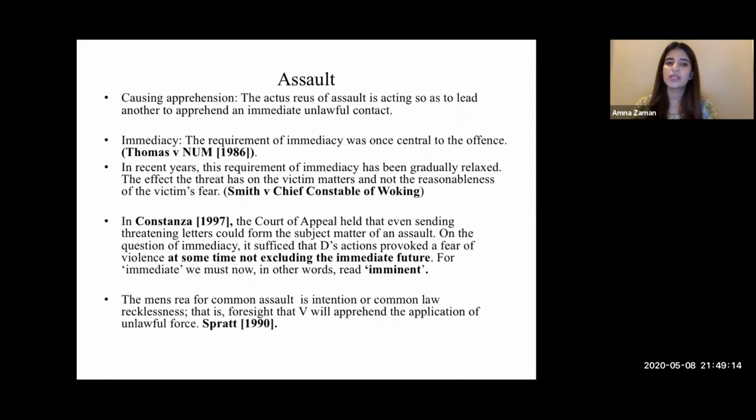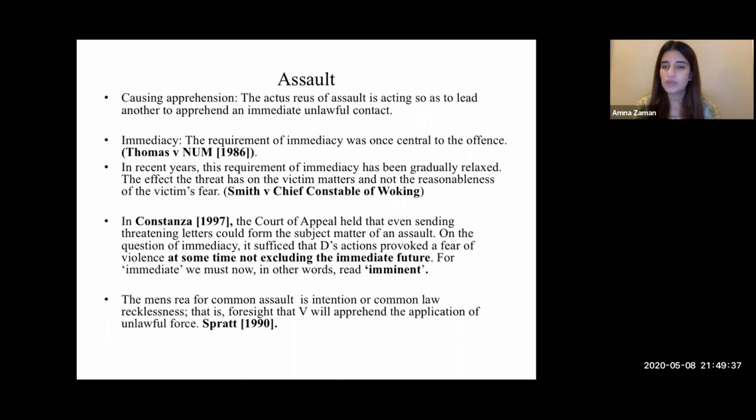This was seen in the case of Smith against Chief Constable of Woking. On the facts of this case, the defendant was standing outside the victim's window and staring at her. Although he was outside the apartment and he could not have entered immediately and harmed the victim, he was still convicted of committing assault.